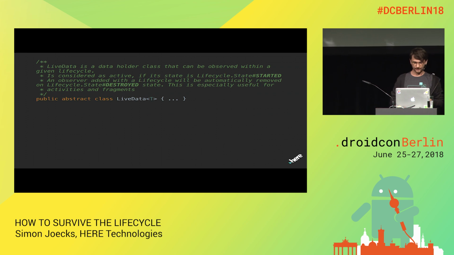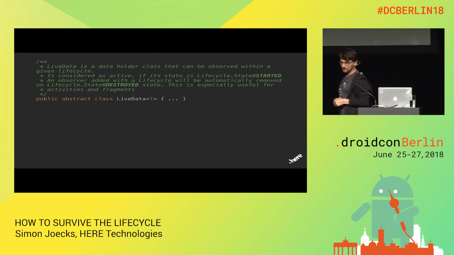So, on top of this, at Google I/O 2017 Google introduced a very useful object called the LiveData object. This is basically an emitter-observer pattern where you can hold an object, and it's going to react to your life cycle. This sounds very simple, but it has changed a lot, at least in our architecture and how we build applications, because now you don't care about the life cycle anymore.